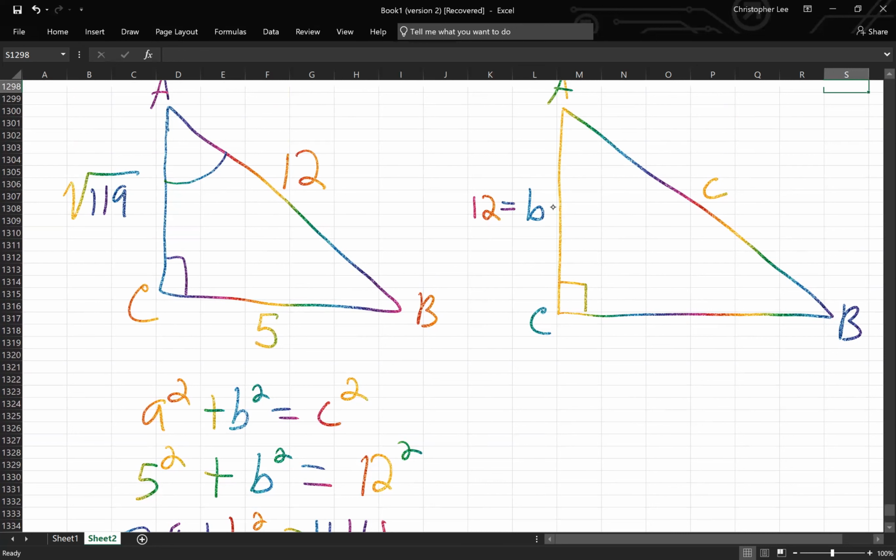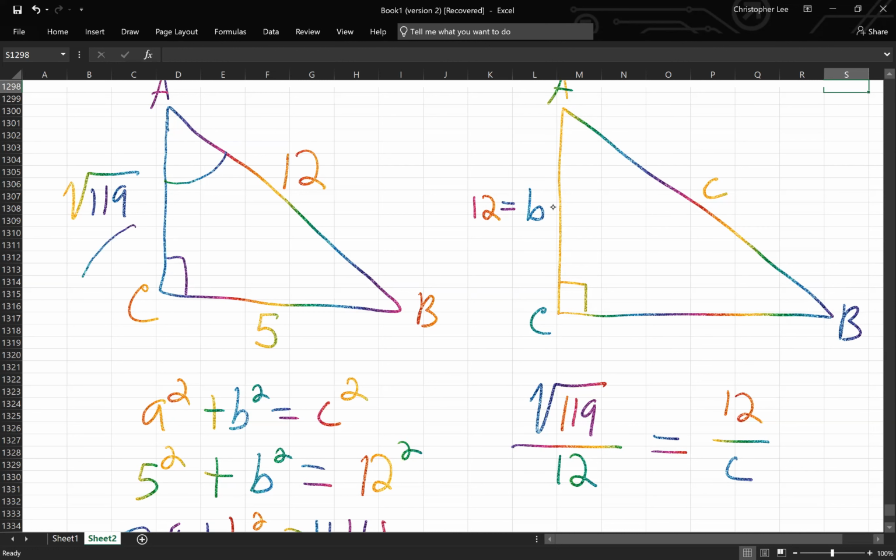Using the other triangle, real simple, I want that C. So let's say this is to this as that is to that. Square root of 119 is to 12 as 12 is to C. Did everybody see how I did that?